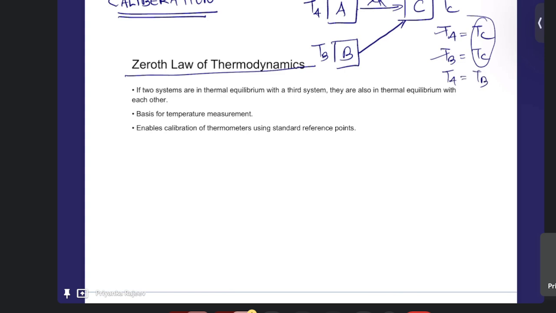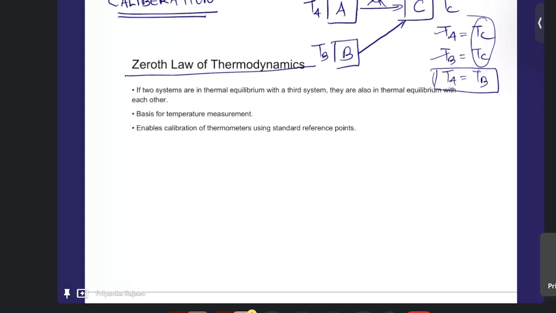So TA equals TB. This is very fundamental. We intuitively understand this concept, but it was stated only after the first law, second law and third law, and because it is so fundamental, they decided to state it as the zeroth law. That is why we have to study this.